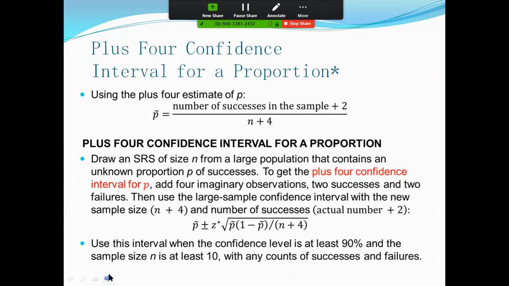Then p tilde plus or minus z star times the square root of p tilde times the quantity 1 minus p tilde divided by the quantity n plus 4 is our confidence interval. Use this interval when the confidence level is at least 90% and the sample size n is at least 4, with any counts of successes and failures.